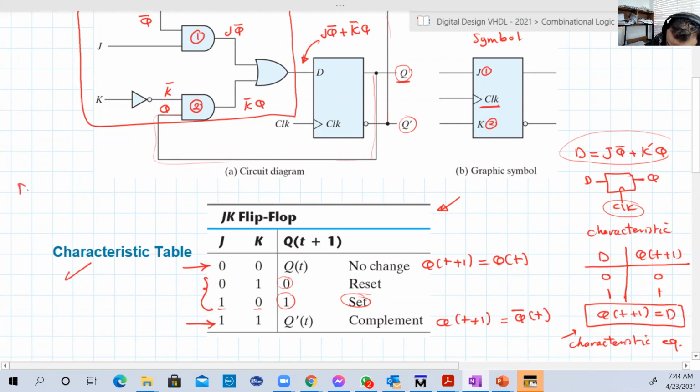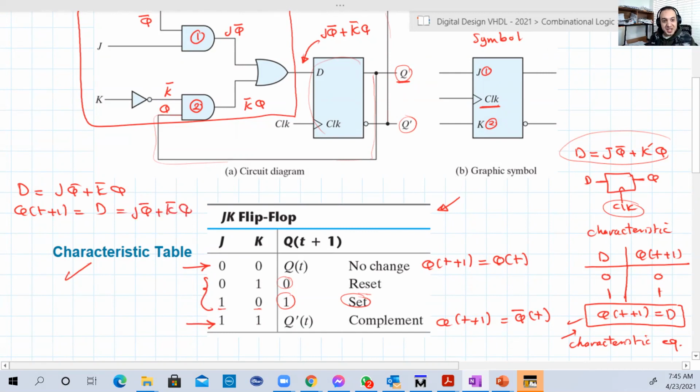So we know that D is equal to, as I said, J Q bar plus K bar Q. So Q of T plus 1, remember this is a D flip-flop, so it's equal to D, just like the characteristic equation here. Remove D and put its equivalent: J Q bar plus K bar Q.